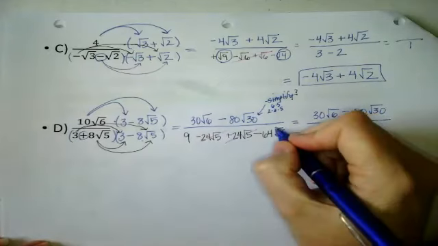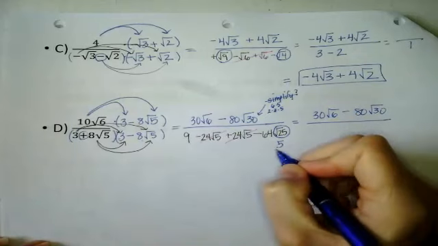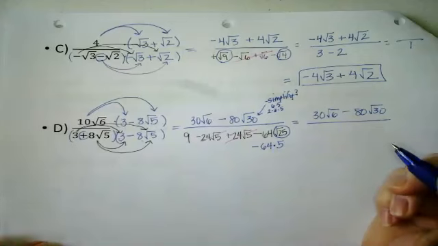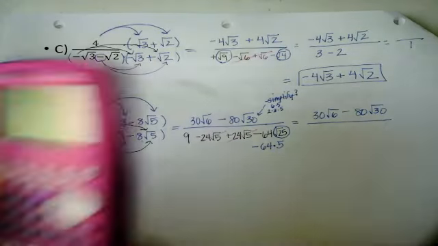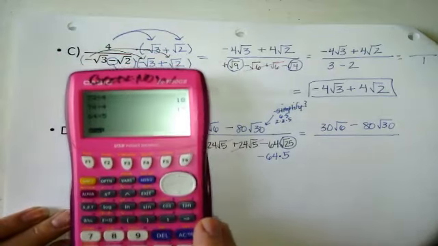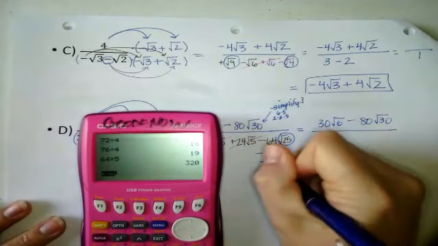But I definitely have some stuff to clean up here. Radical 25 is 5. So this becomes negative 64 times 5. Holy cannoli, another giant number I don't know the answer to. 64 times 5. Oh, there's the sweet spot. Negative 320.